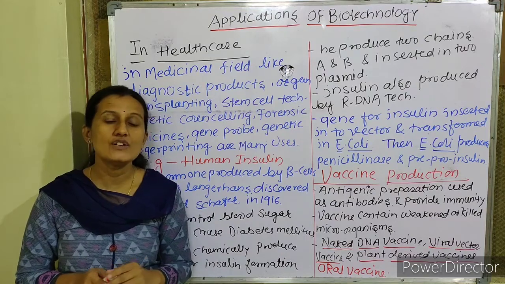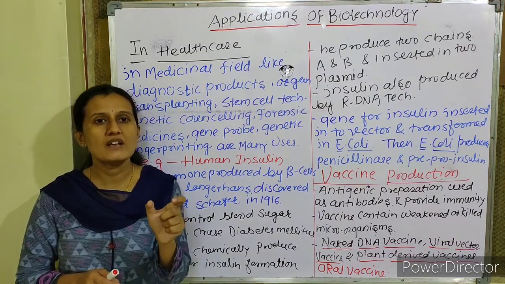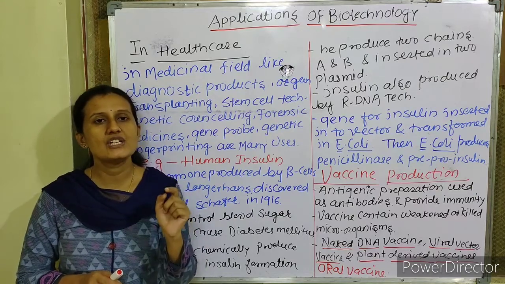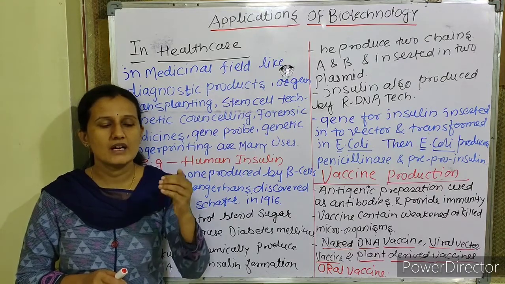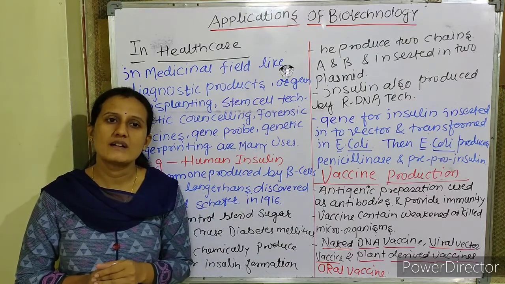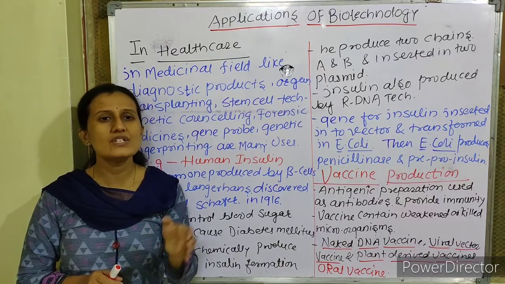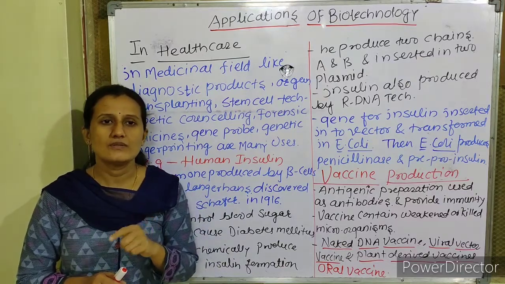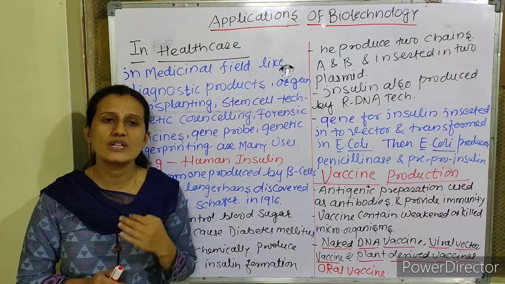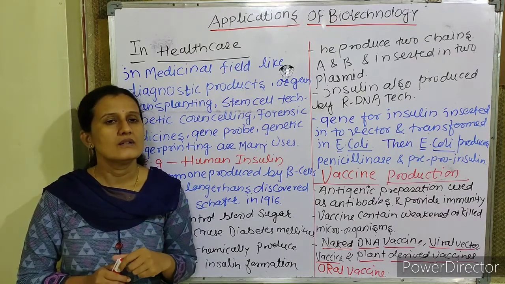Then the gene for that particular chemical formation, antibiotic formation, is extracted. That gene is inserted into the plant bodies, and the part in which that gene for the vaccine production is inserted, that plant is used in animal feeding.